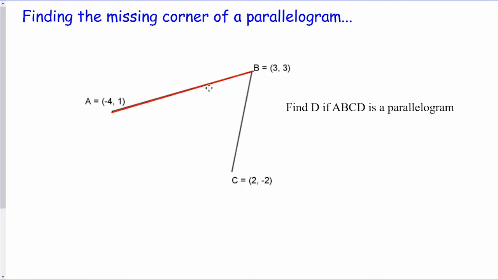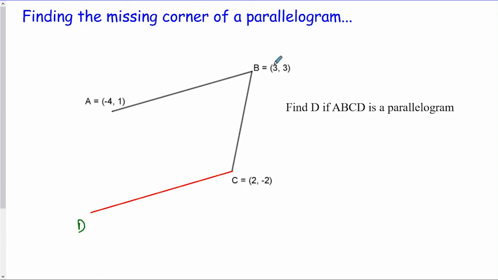We could work out the equations of those 2 sides and solve them simultaneously. But in fact, if I just picture what's happening as I move from B to A, because the opposite side of a parallelogram is not only equal in length but has the same gradient, what happens is from B to A, exactly the same thing needs to happen as I move from C to D.